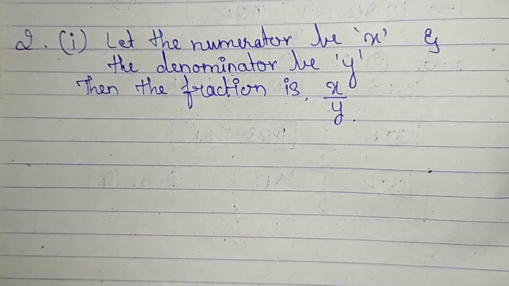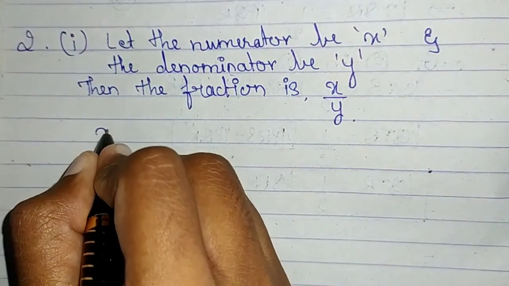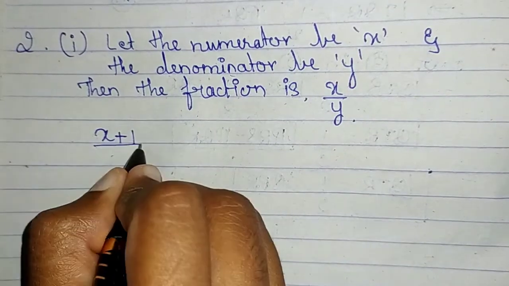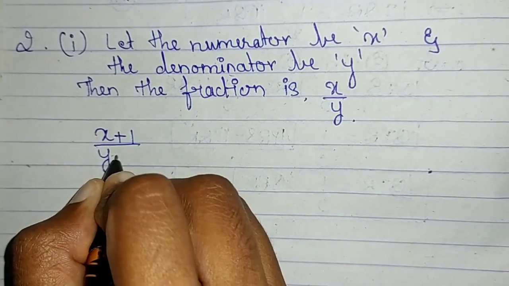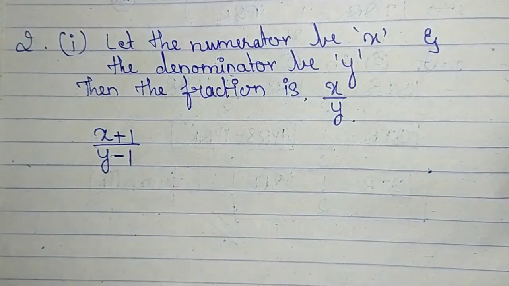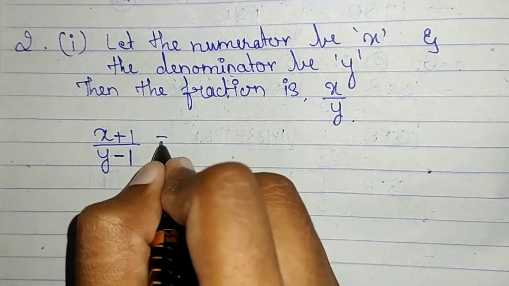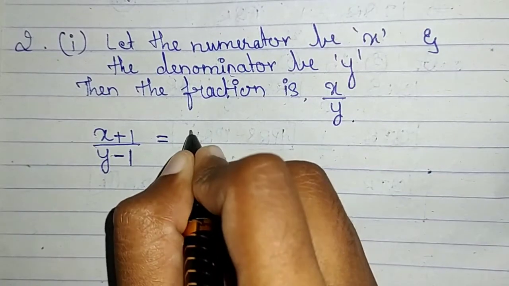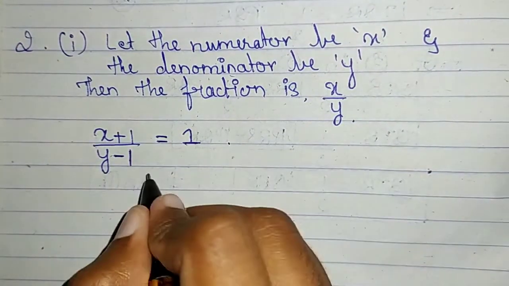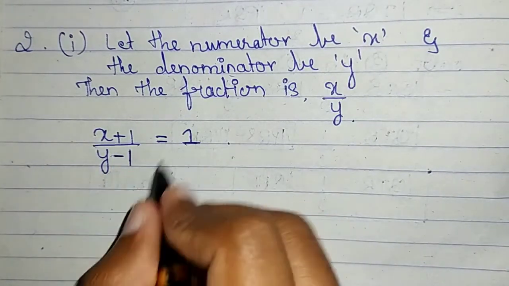Alright, so now what they have told us, if we add 1 to the numerator, x plus 1, and subtract 1 from the denominator, y minus 1, then our fraction reduces to 1. Then the fraction is equal to 1. This will be reduced to our equation 1.